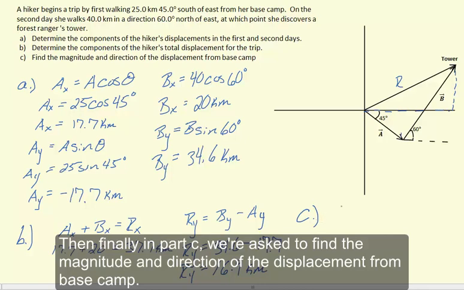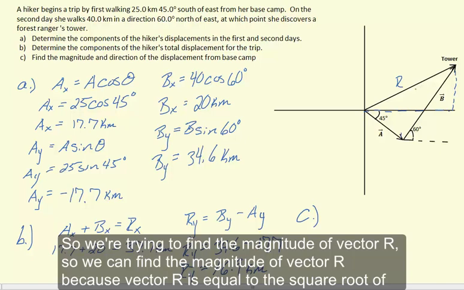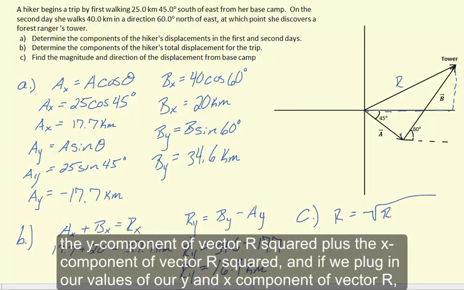Then finally, in part C, we're asked to find the magnitude and direction of the displacement from base camp. So we're trying to find the magnitude of vector R. We can find the magnitude of vector R because vector R is equal to the square root of the y component of vector R squared plus the x component of vector R squared.